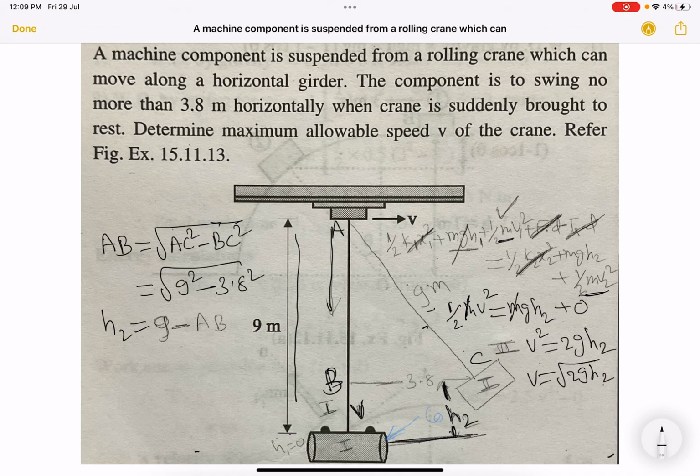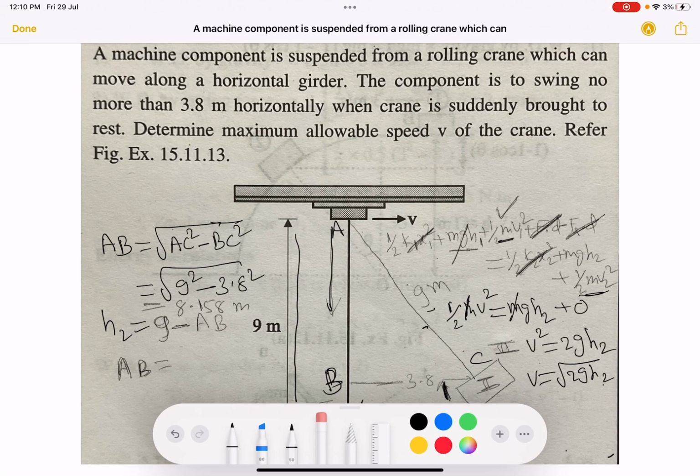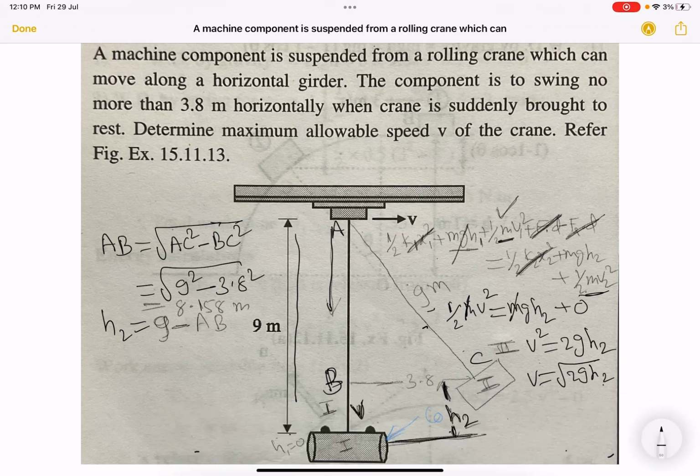So we can find out AB from there, and we can find out h2. Let me find out that. AB you should get as 8.158 meters. Okay, now this is what we have found out.